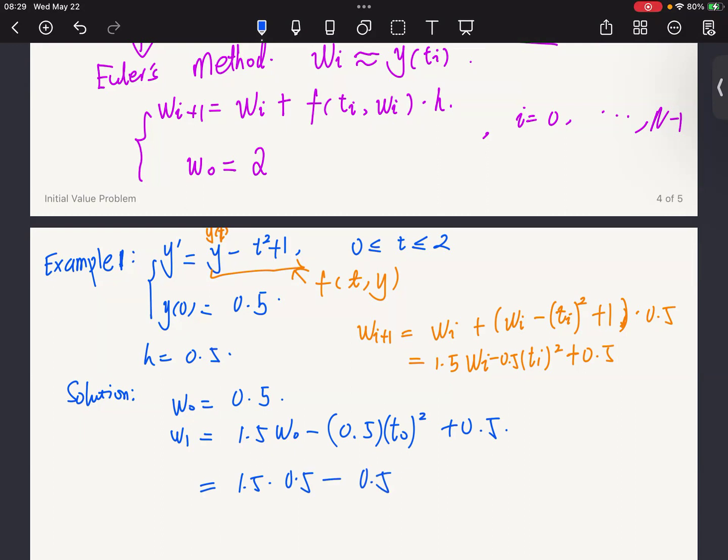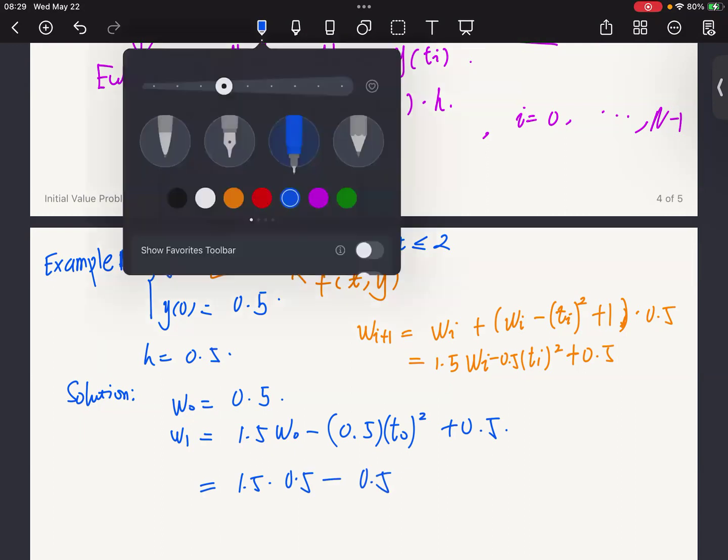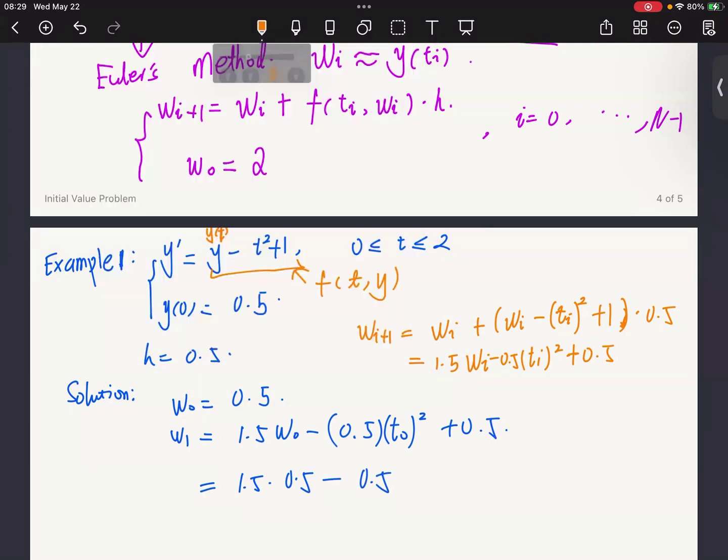And I would like to remind you of the nodal points we have here. This is the time domain, 0 to 2. We are dividing the whole domain into 4 subintervals with step size 0.5.